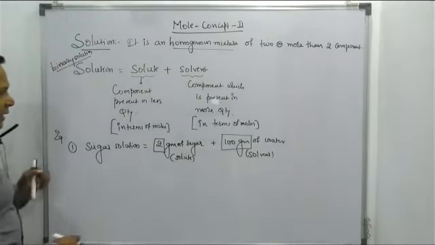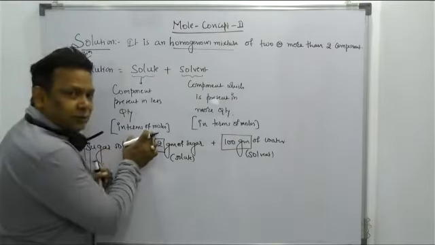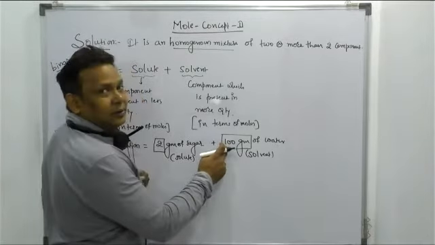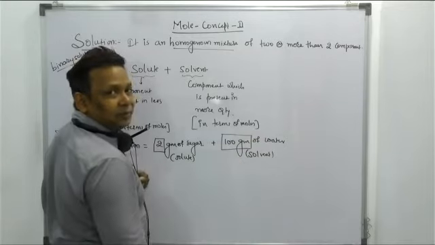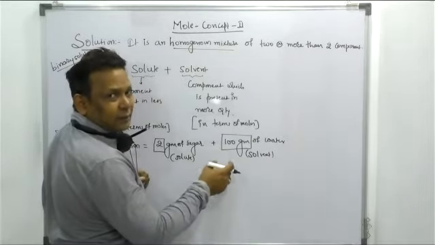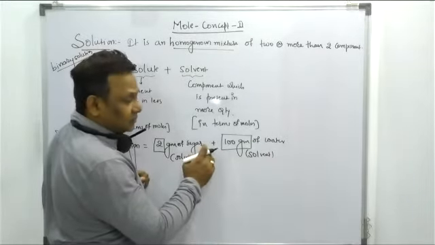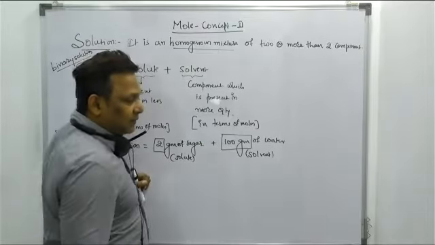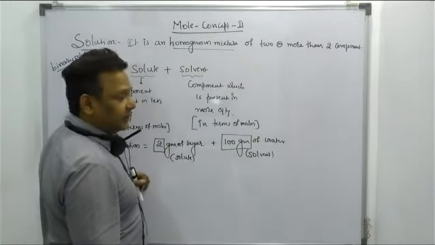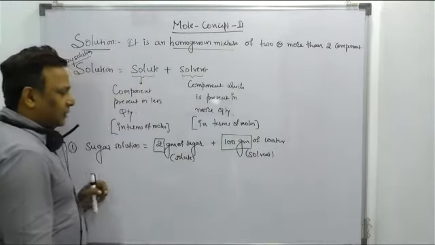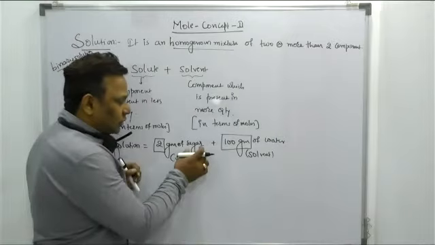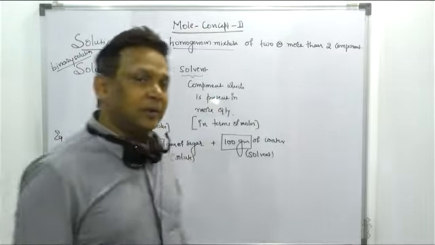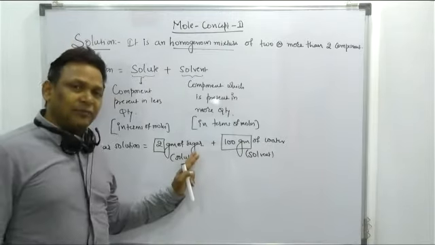Same way, I discussed it in terms of moles, beta. For example, 100 gram of water: 100 by 18, that becomes 5.55 moles. For sugar, take sucrose C12H22O11, whose molecular weight is 342.